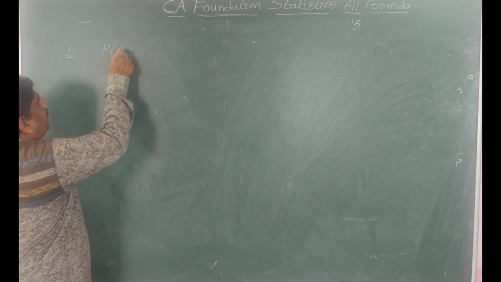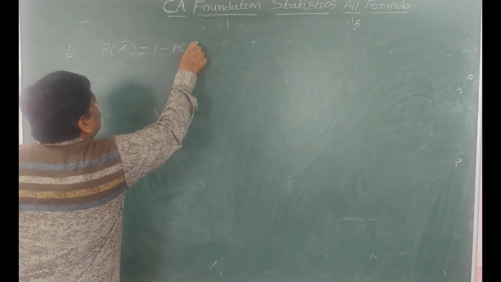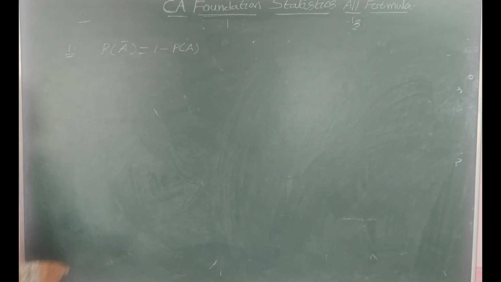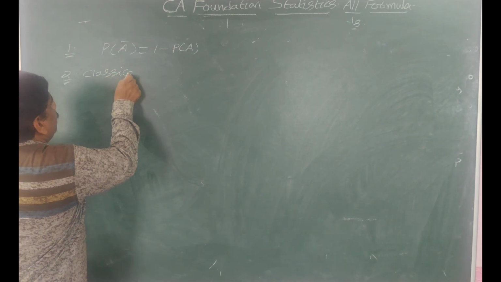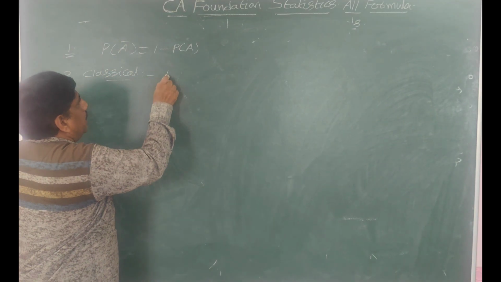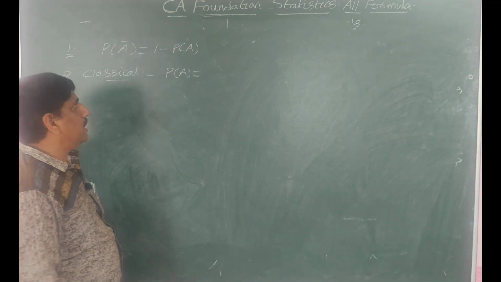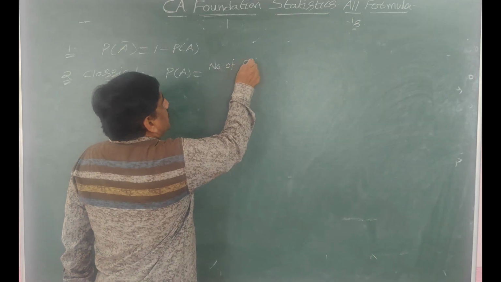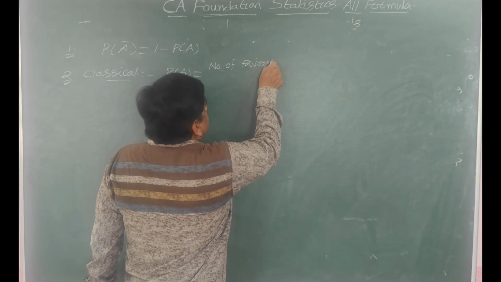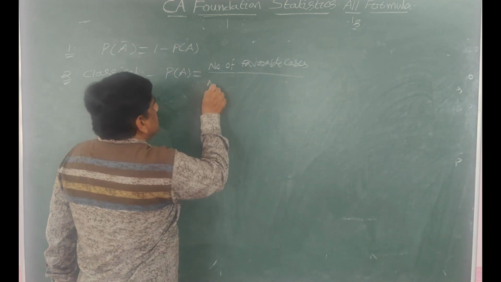That means if A bar is the complementary event, P of A bar is nothing but 1 minus P of A. And next, the classical definition of probability. Classical definition of probability means if A is any event, the probability of that event can be computed by using the formula number of favorable cases divided by number of exhaustive cases.